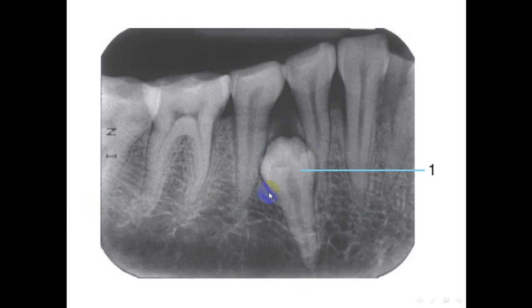If the supernumerary is located between the two centrals, it is called mesiodens. If it is located in the posterior area, it is called paramolar or distomolar. All of that is called supernumerary teeth. All share the same name.